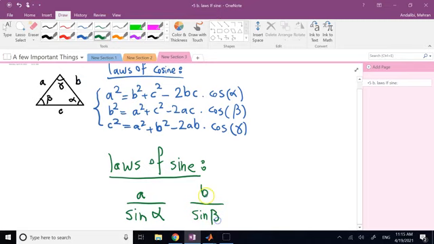So I'm dividing each side by the sine of the angle in front of it. It says this ratio is the same for all three sides. Right? So there are three equalities here. First one equal second one, first one equal third one, second one equal third one. And these guys, we call them laws of sine. And these are valid for any triangle. And we use these guys a lot, as I said.